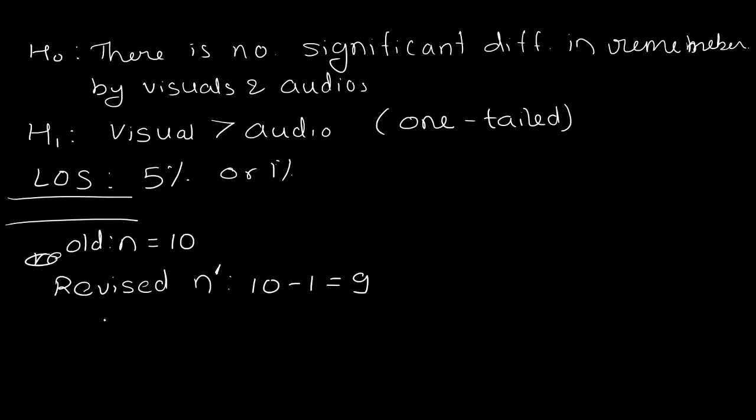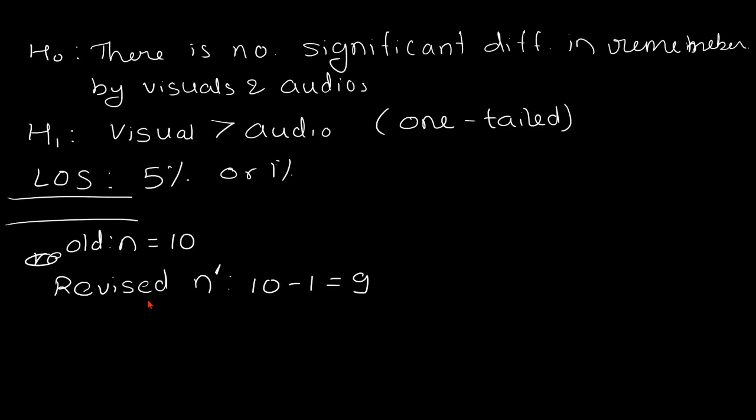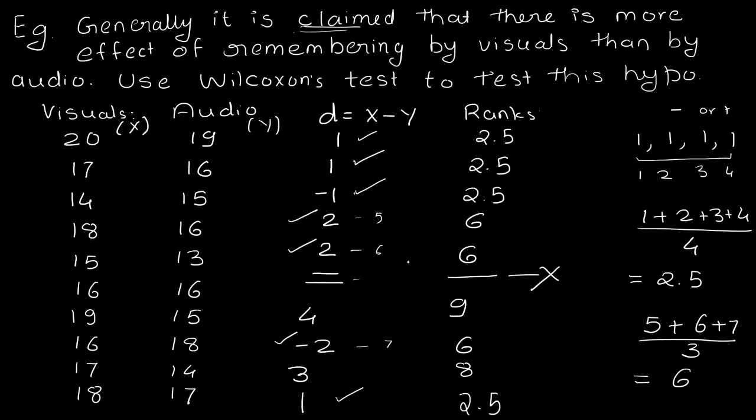Now once I have calculated n dash, the next step is calculating T minus and T plus. For T minus, let's see how many differences in this third column are negative. This one and this one, that is minus 1 and minus 2. I will look for the ranks of them.